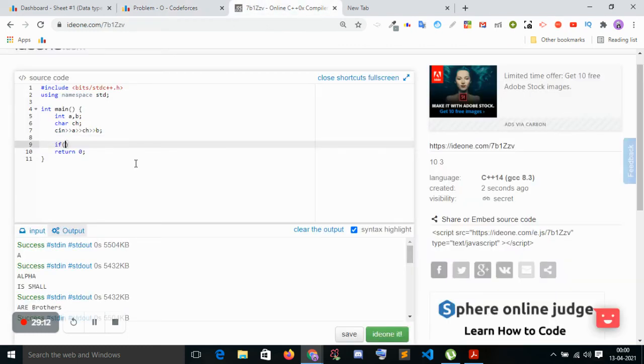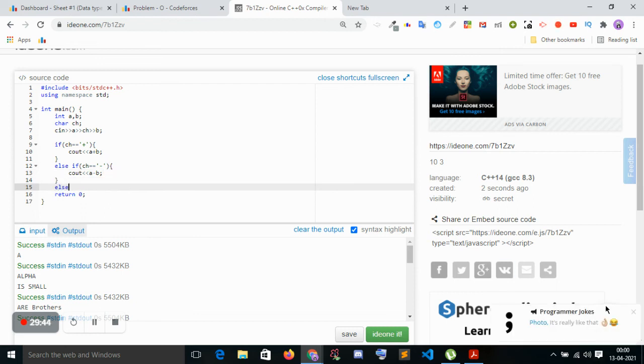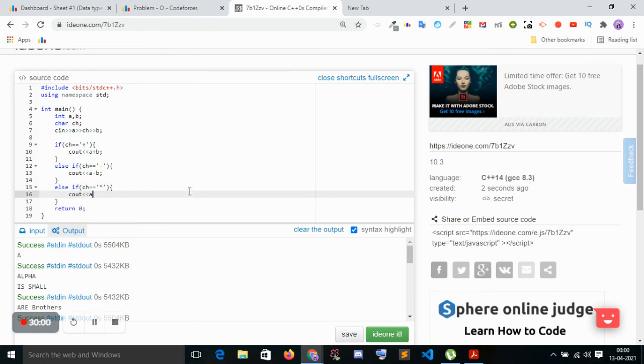Okay, so now if ch equal plus, so cout a plus b, else if ch equal minus, cout a minus b, else if ch equal multiplication, cout a multiply b, and else it should be divide. Else cout a divided by b.